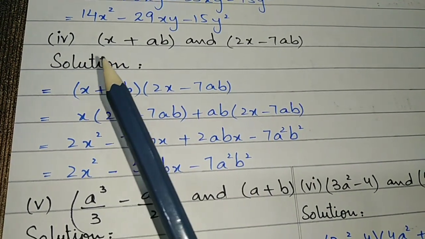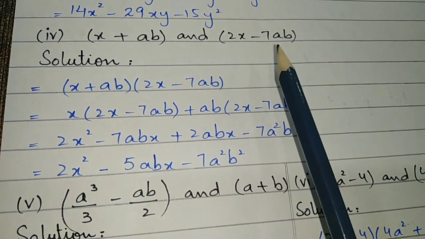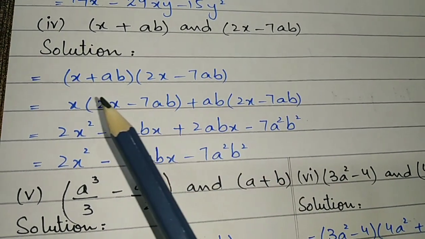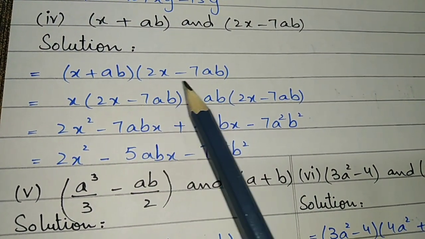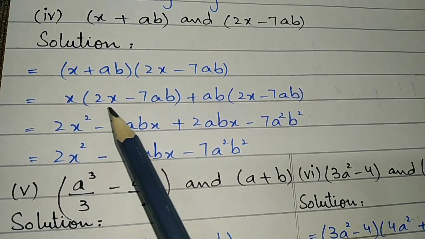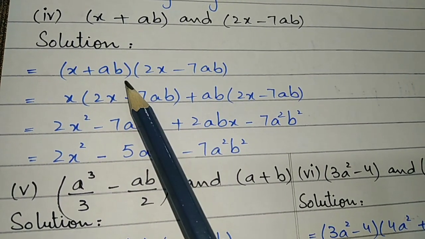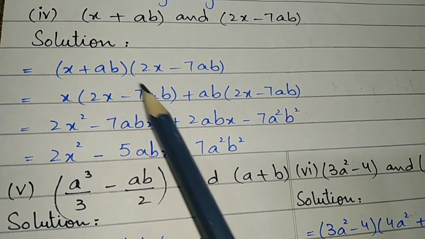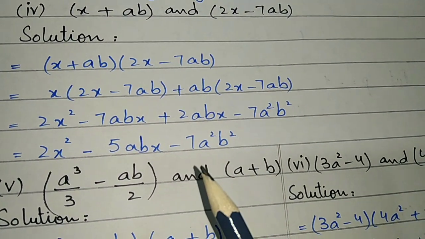Next part is part number 4, x plus ab and 2x minus 7ab. So we have to write like this, x plus ab times 2x minus 7ab. Now x is going to be multiplied with the whole bracket, x times 2x minus 7ab, plus ab is going to be multiplied with the whole bracket, plus ab times 2x minus 7ab.